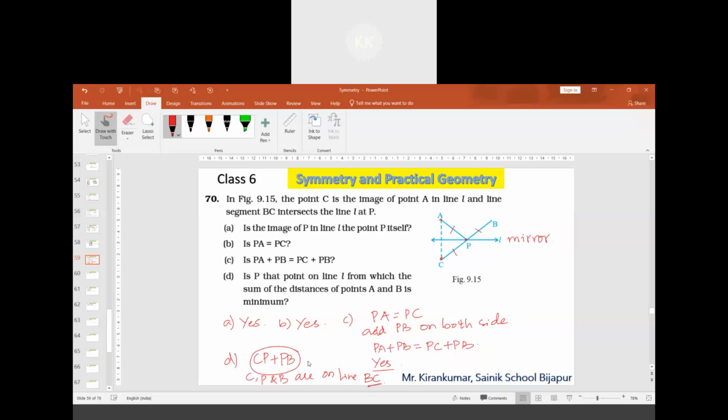So this will be the minimum distance. So the answer for this also is yes.